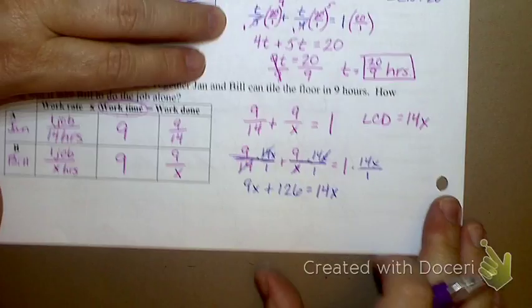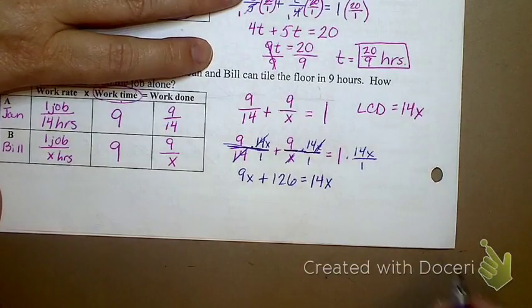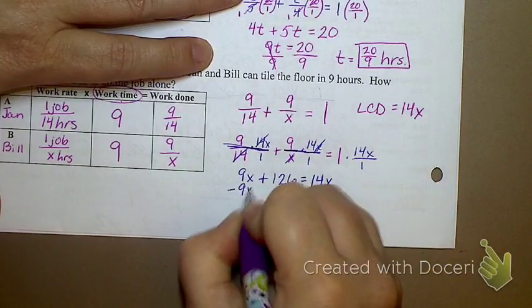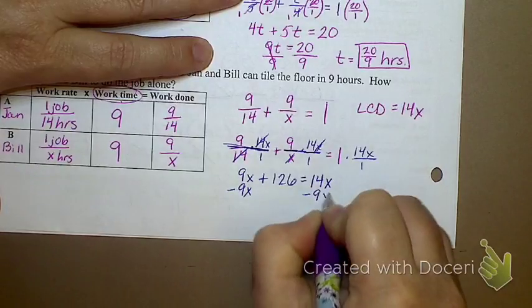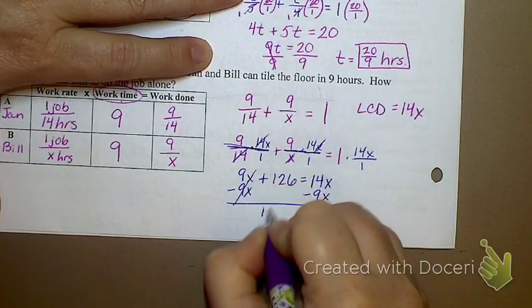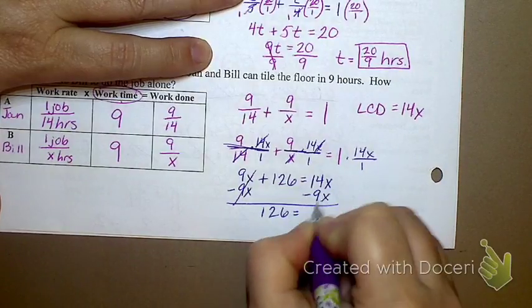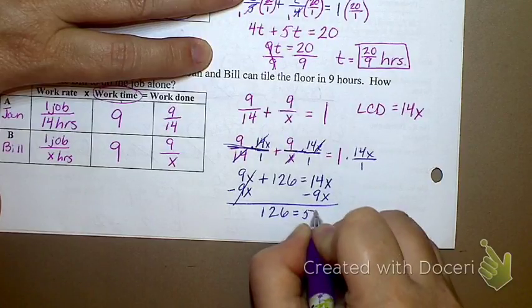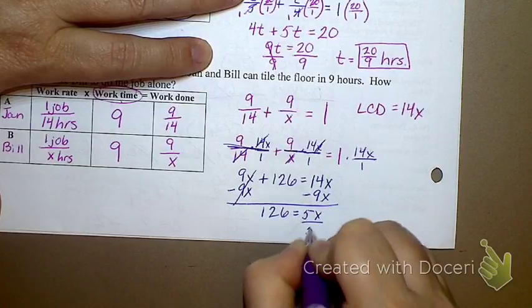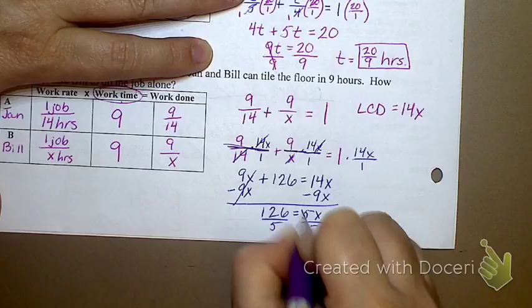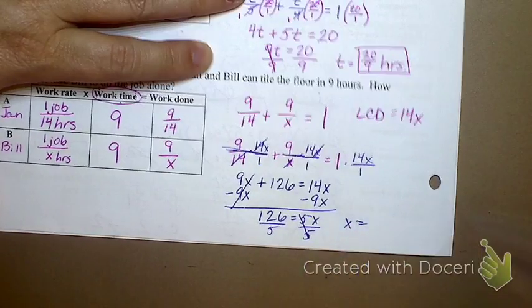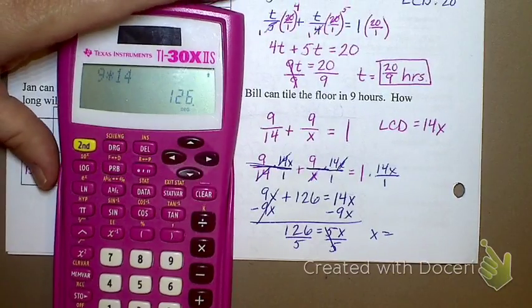How should I solve this? Move the 9x. So 126 equals 14x minus 9x would be 5x. Let's divide by 5. And x equals 126 over 5. It does not divide nicely, and I don't think it can reduce.